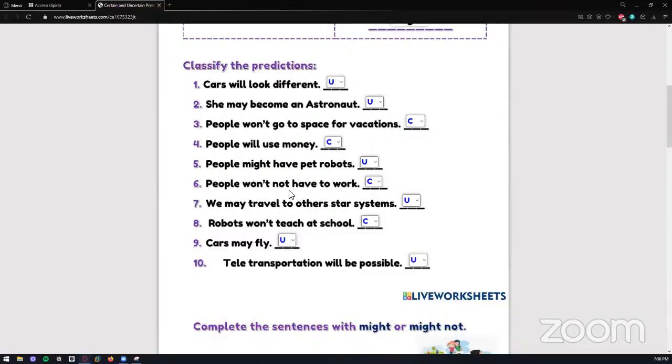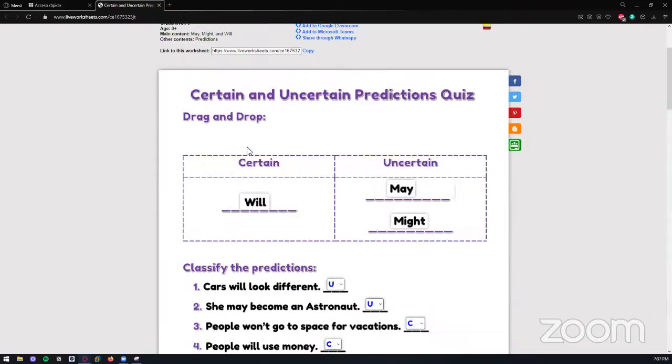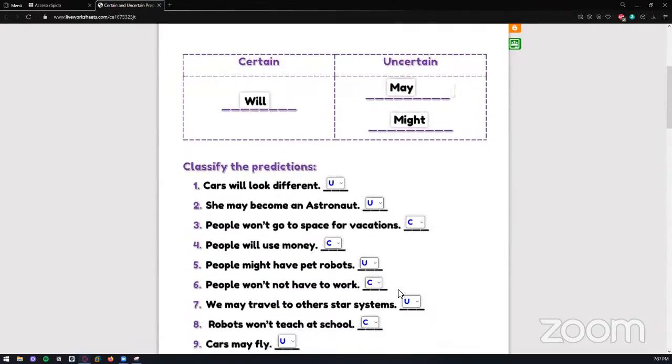It's also with the use of the modal verb, for example, will. If we go up a little bit, okay. Because of the action that is on the verb.